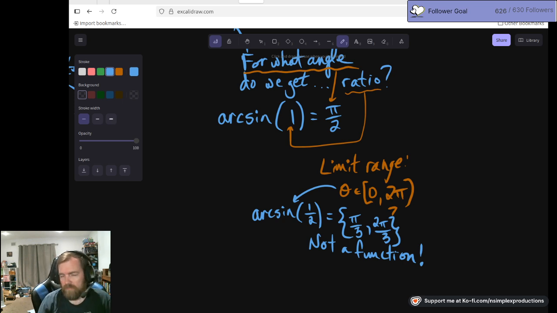And then it cannot exist after that, because if we have more than one angle coming out, it's not going to be a function. So we have to limit our domain. Sorry, in this case, we have to limit our range for the arcsine function.